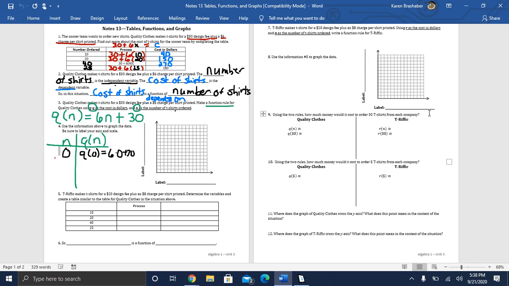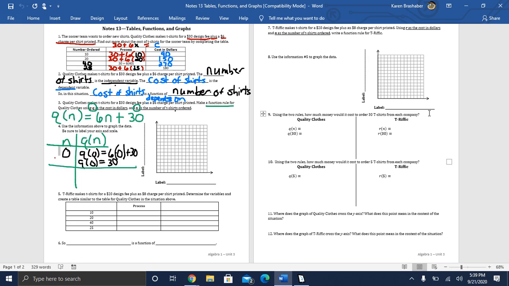And 6 times 0 plus 30 gives us an answer of 30, because 6 times 0 is 0, and then plus 30. So Q of 0, and I'm trying to use that notation so you can see it being used, is equal to 30. So when there are 0 shirts, it's going to cost $30 because of that original setup fee.